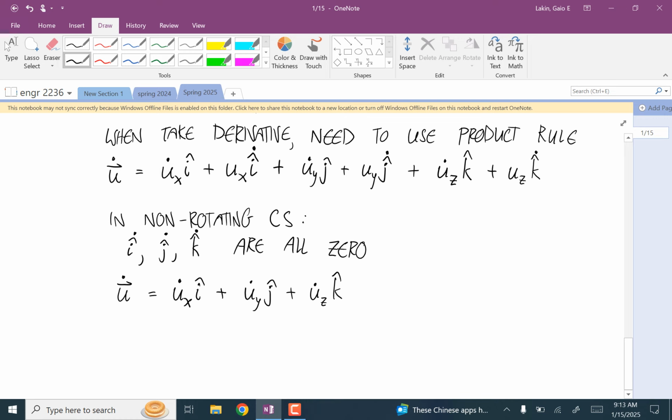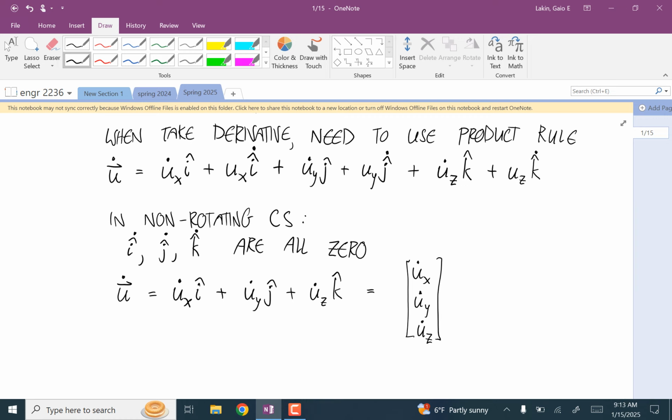And in our notation, we can write this as ux dot, uy dot, uz dot. Okay? So that's why this works for a non-rotating coordinate system.